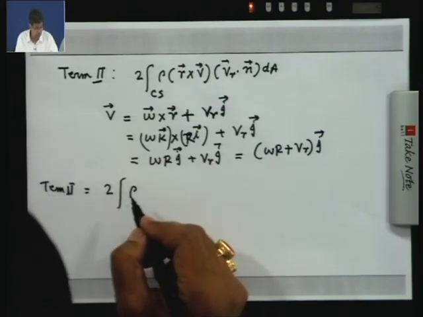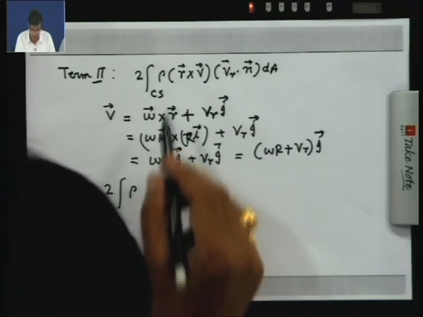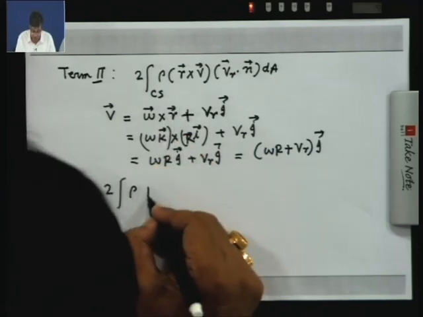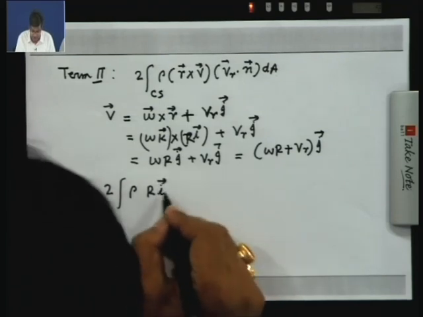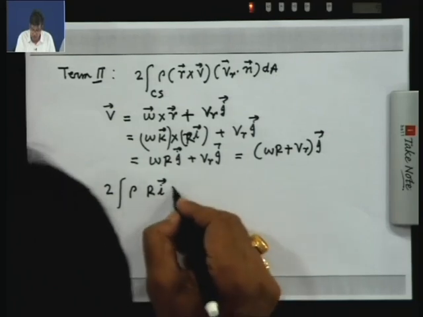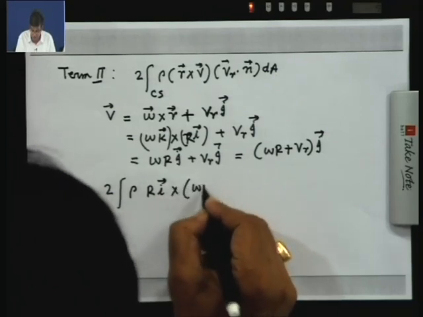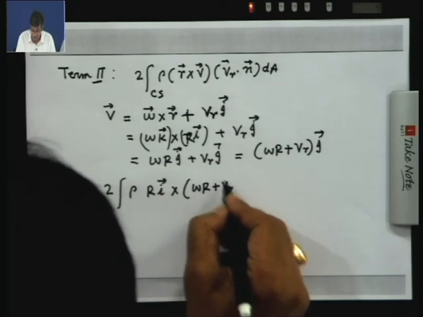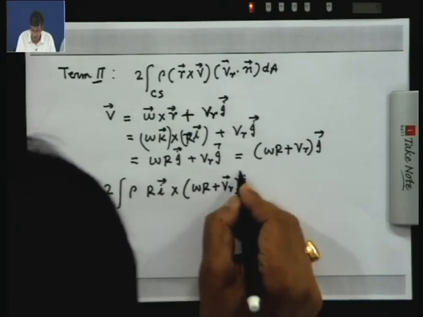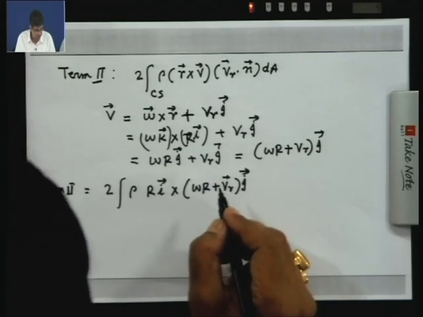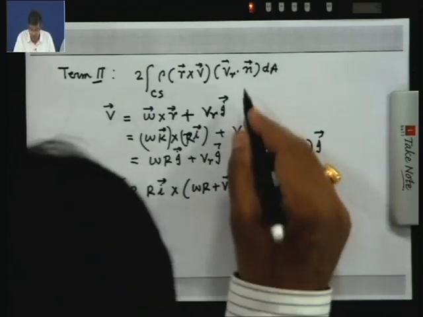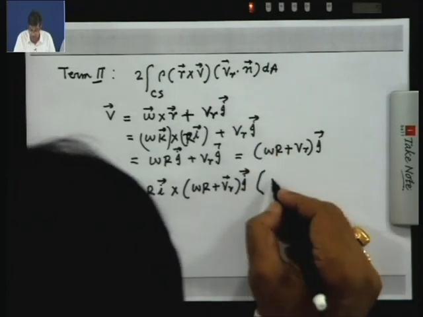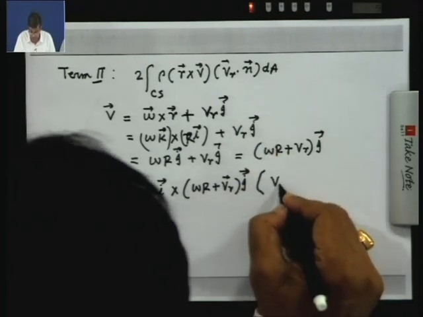R is capital R times i, that is R i, where i is the unit vector, crossed with (ωR + V_R) j. So this is all right. Now we have to do this V_R · n dA.